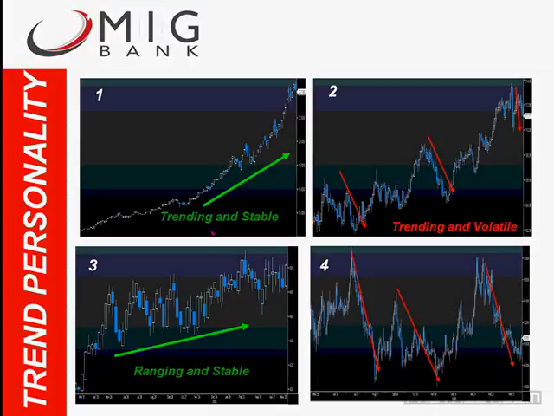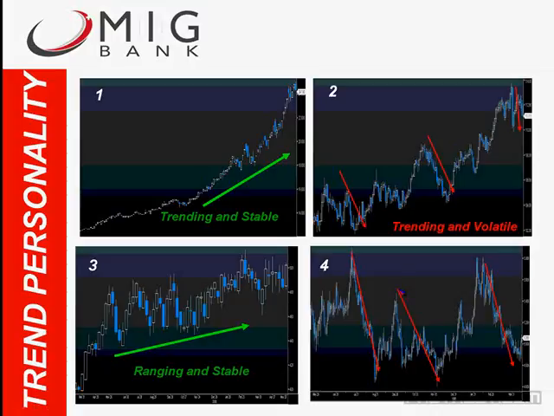Now, put that in a highly extreme situation like a volatile market shock environment, and you tend to get certain results. I've shown 4 results. The first and the third result are a trending or ranging market with low volatility. The second and the fourth example are a trending and ranging market with high volatility. All I'm basically saying is there are 2 things that can happen at any given time. A market can trend up or down, or it can move sideways.